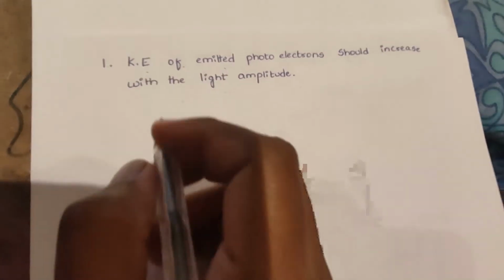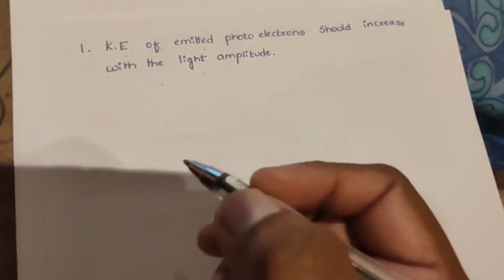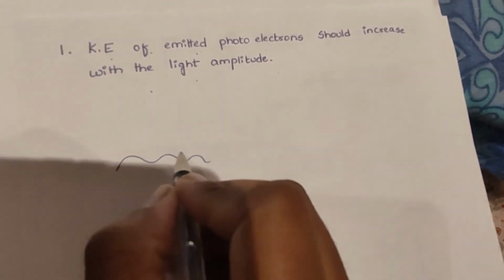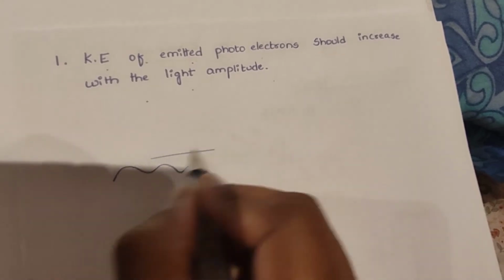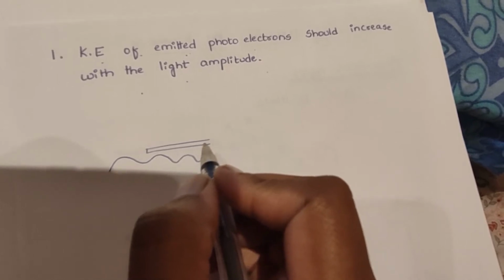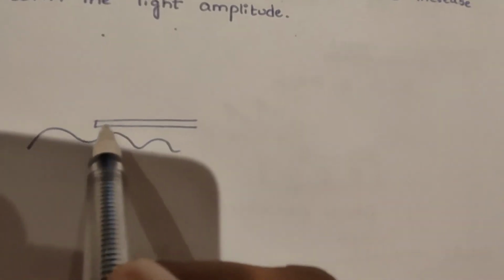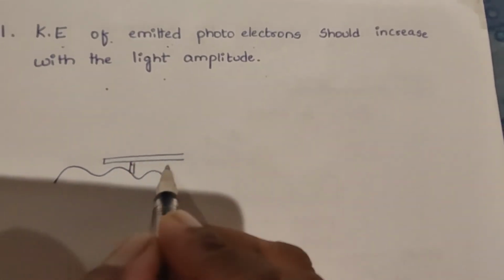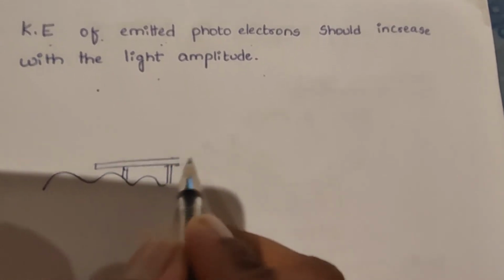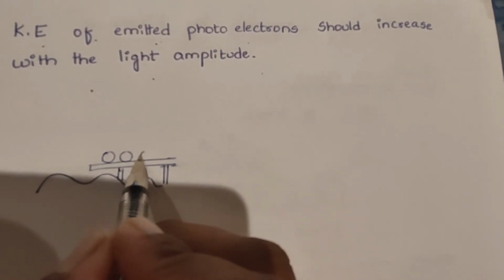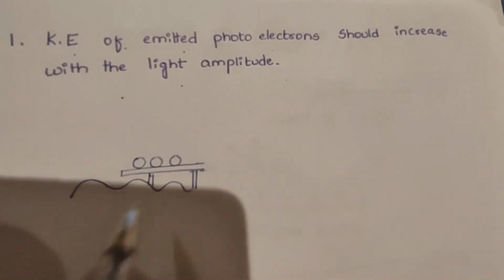Let's consider one example. Let's assume the light wave is similar to water waves, and the metal surface is a dock or bench extended in the ocean, and the balls present on this dock are the electrons.